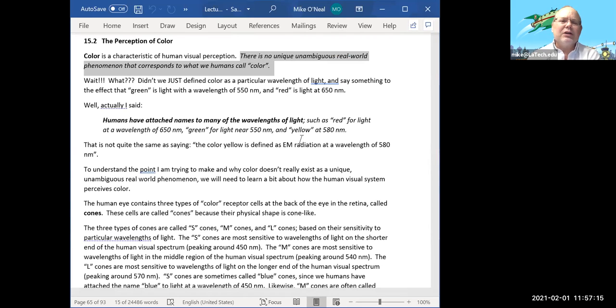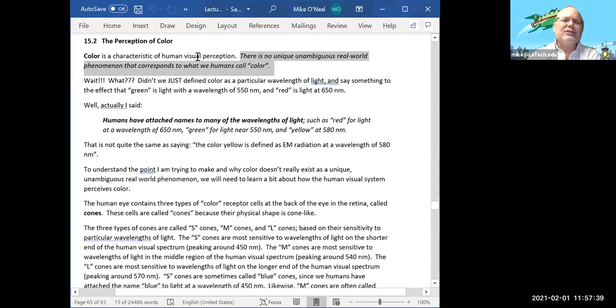Real-world means something in the world, something real, something that actually exists, a process or a characteristic. There's no unique, unambiguous, real-world phenomenon that corresponds to what we humans call color.